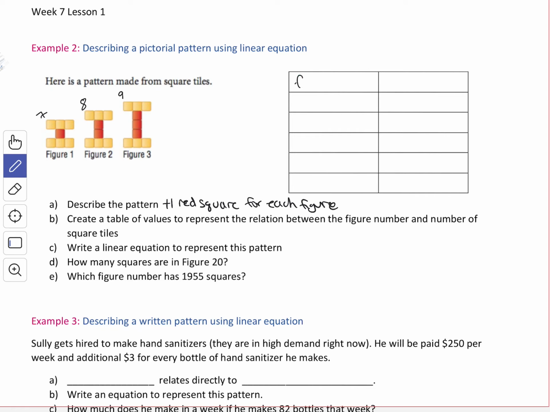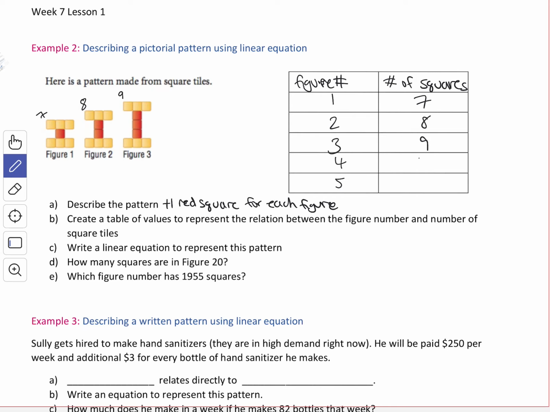Create a table of values to represent the relation between figure number and number of square tiles. So I'm always going to write figure number first. Okay, and then whatever's changing, so number of square tiles. I'm not done filling out my table, so I'm just going to fill it out.